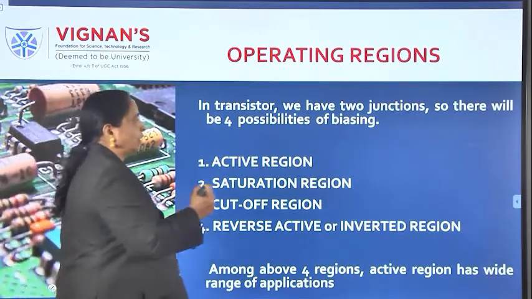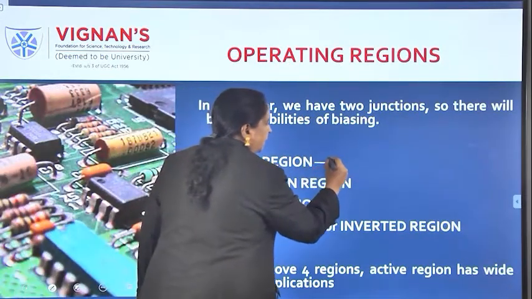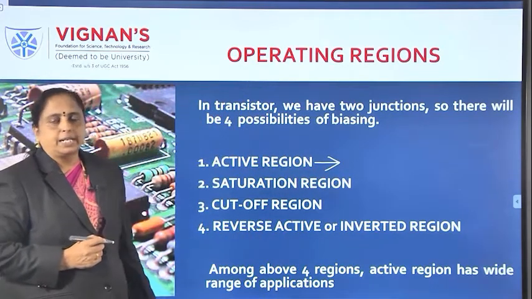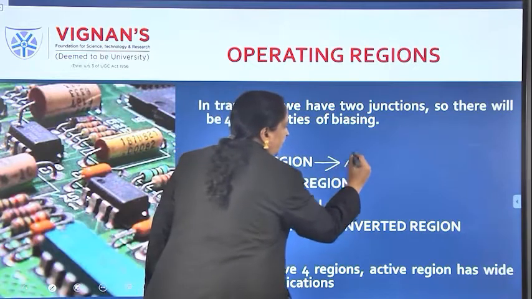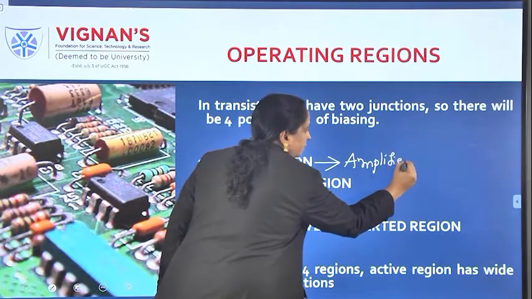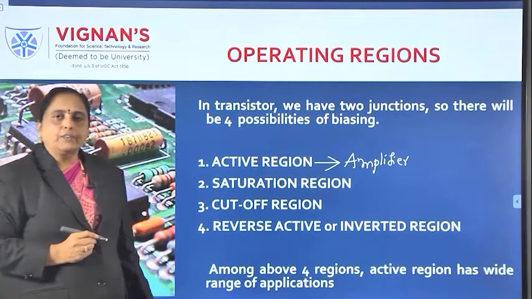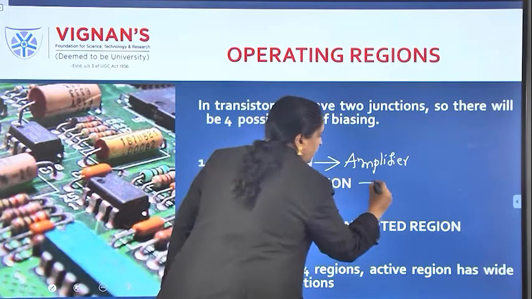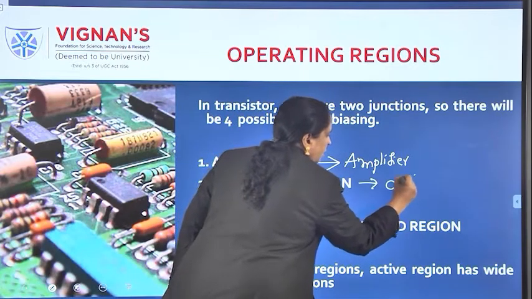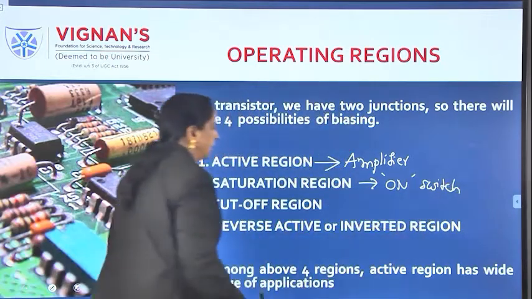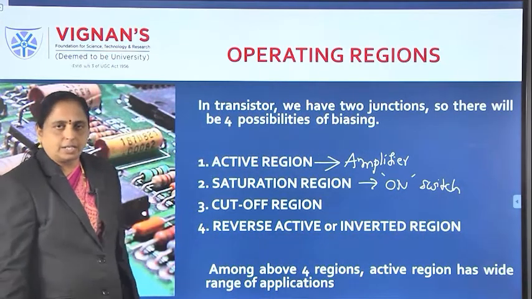For example, if you want to operate a BJT as an amplifier, you have to connect the BJT in the active region. So the application is as an amplifier. If you want to use the BJT as an on switch, you need to connect the BJT in the saturation region.